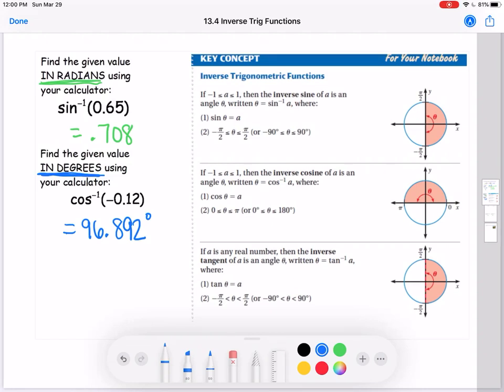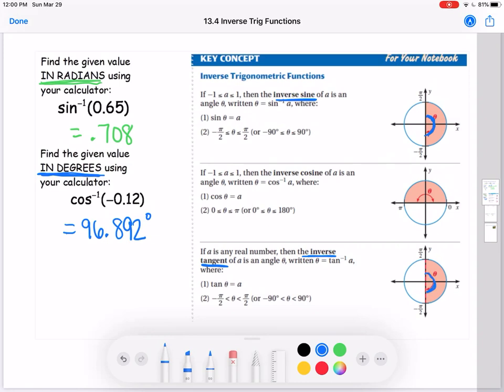On the right here, we have some really useful information about what our calculator is actually going to tell us. Anytime we use inverse sine or inverse tangent, our calculator is going to give us a value somewhere in either quadrant 1 or quadrant 4.